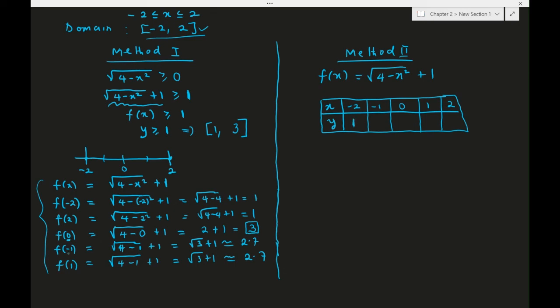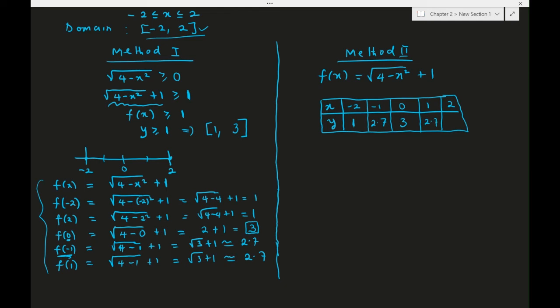f of minus 1, I think we calculated it here, is approximately 2.7. Then f of 0 is 3. f of 1 is also approximately 2.7, so let's keep it this way.